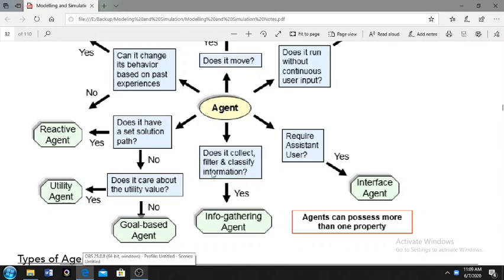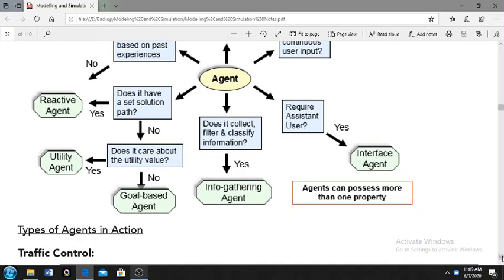Does it collect, filter, classify information? Then it is info gathering, like the media. Like a sensor gathers data and then sends it to actuators.